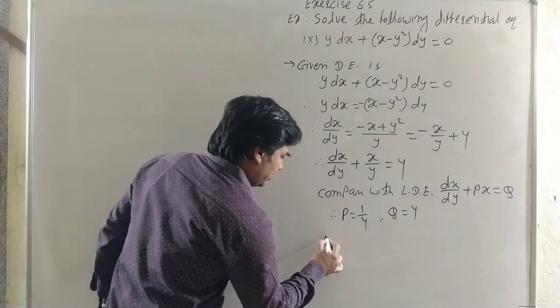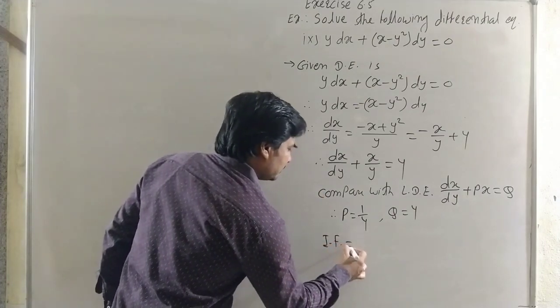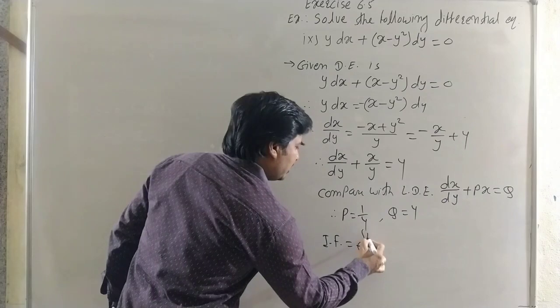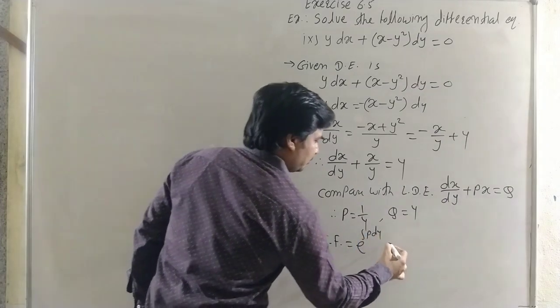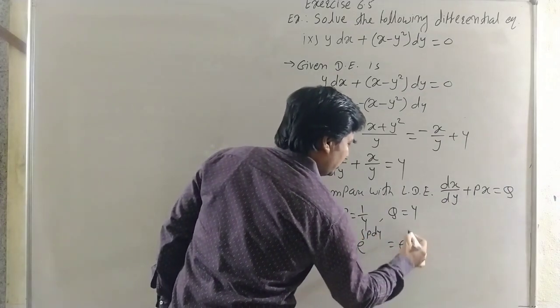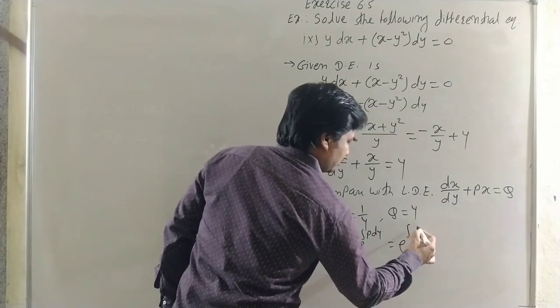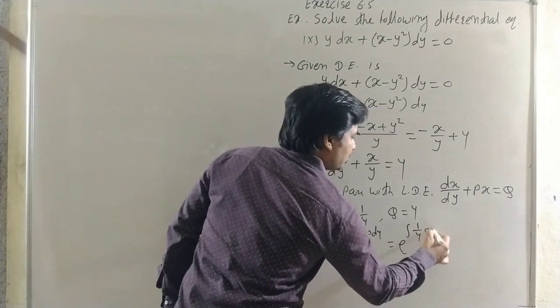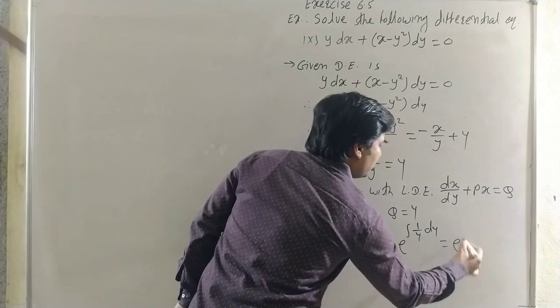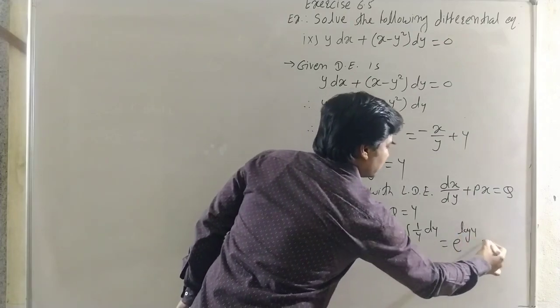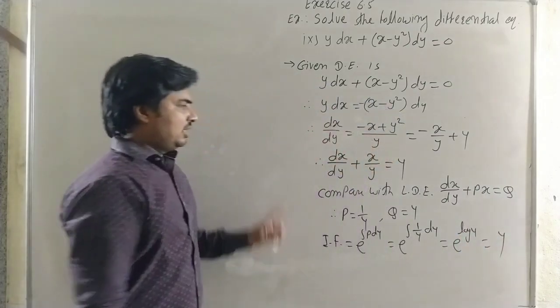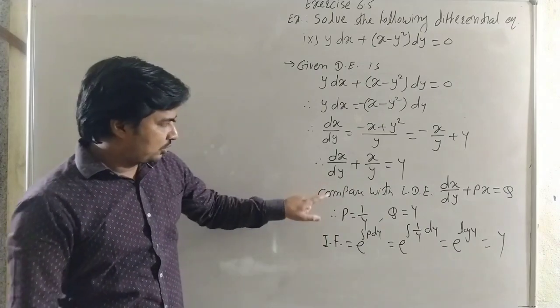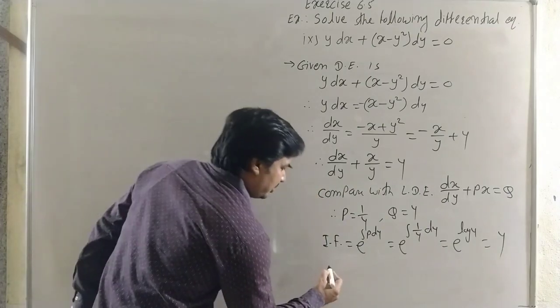Now first find the integrating factor. It is e to the power integration of p with respect to y, which is e to the power integration of 1 by y with respect to y, and then it is e to the power log y, which is y. y is the integrating factor.